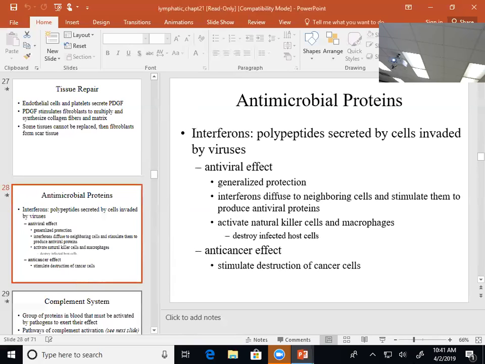Now that house is going to be robbed, and maybe there's going to be murder and mayhem in that house. But before the people in that house die, they're putting out alarms, and all the houses in the neighborhood are shutting their what? Doors and windows. So that's how interferon acts. A cell that's invaded releases this interferon, and neighboring cells shut down their doors and windows so the viruses can't get in. It limits the attack. So it's like an alarm. It is. It's like an alarm.